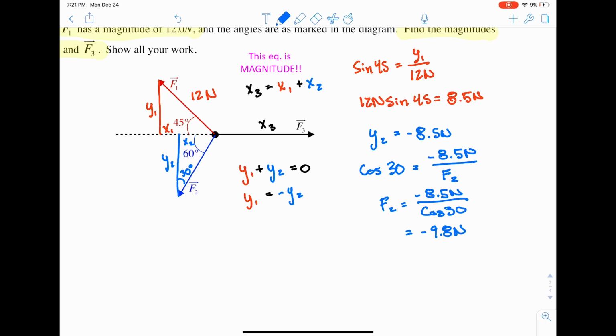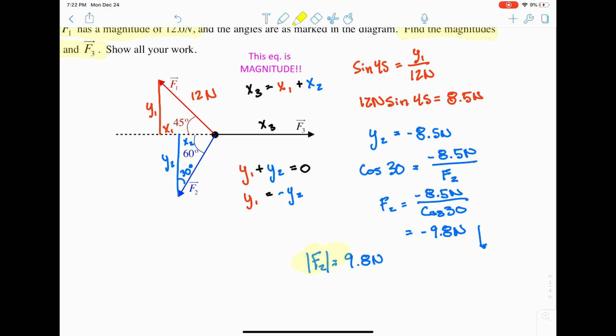Keep in mind, the question is asking for magnitude. The answer we have here with the negative indicates the direction of F2, which is going downwards, which is why you see that negative. So if we're purely talking about the magnitude, F2 would just be equal to 9.8 newtons.